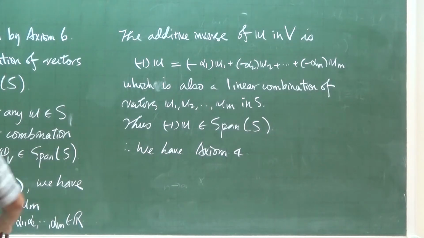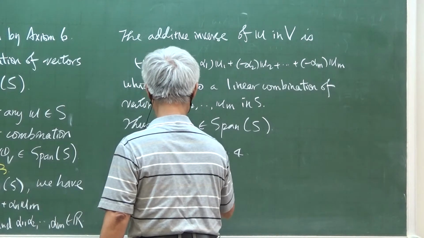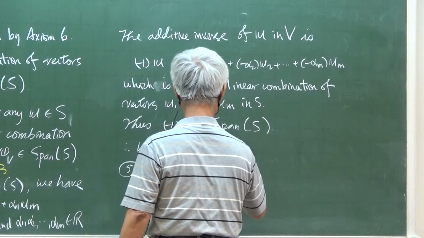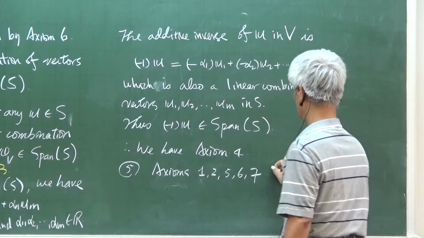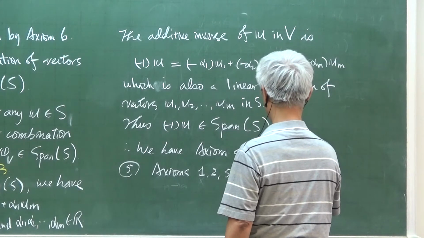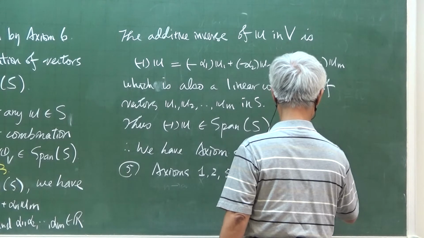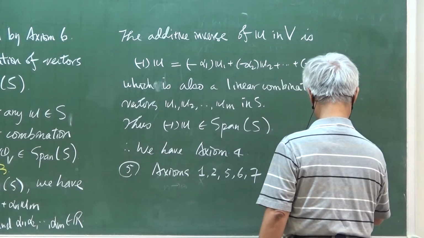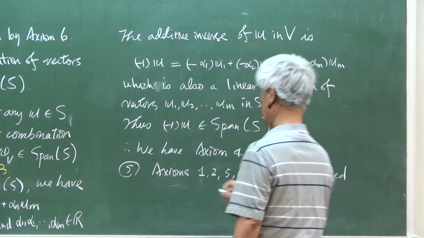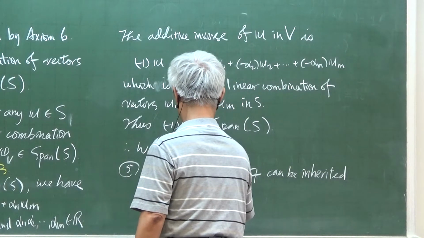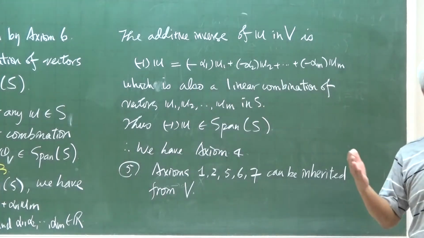Okay, so the fifth thing is that axioms 1, 2, 5, 6, 7 can be inherited from V. Okay, so we finished, right?